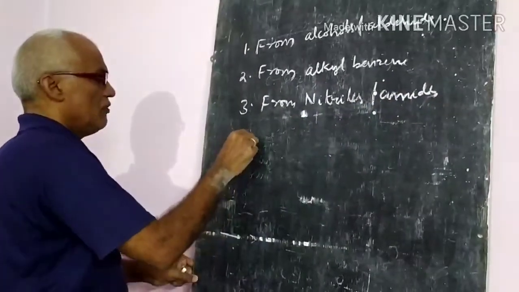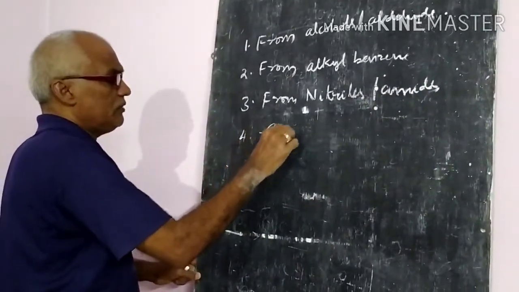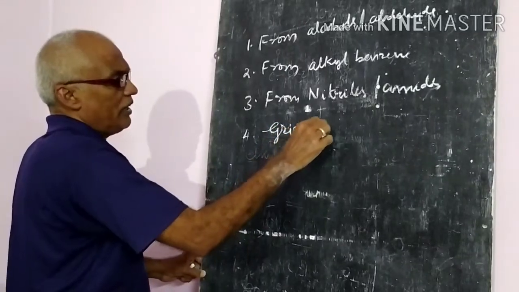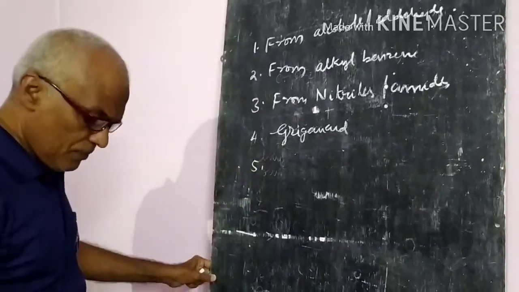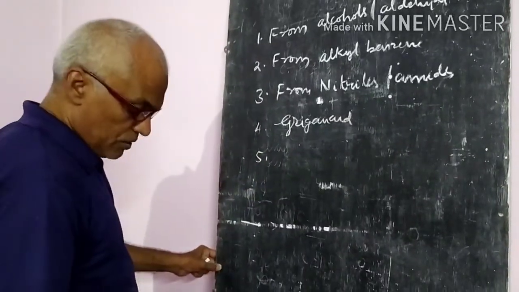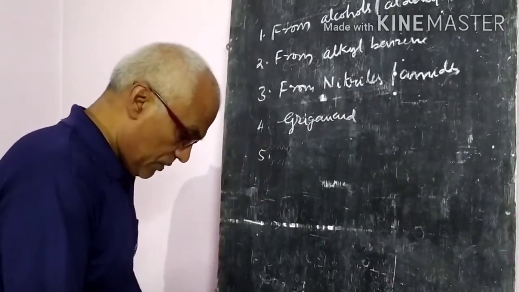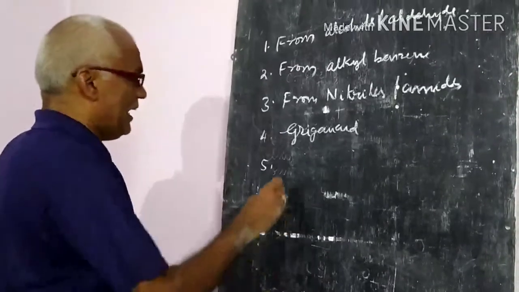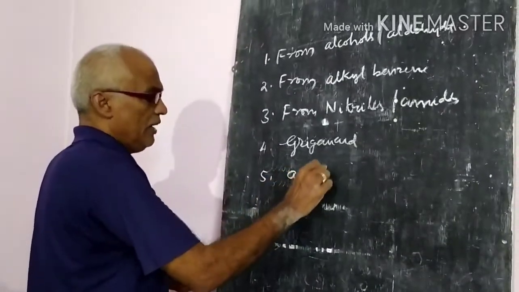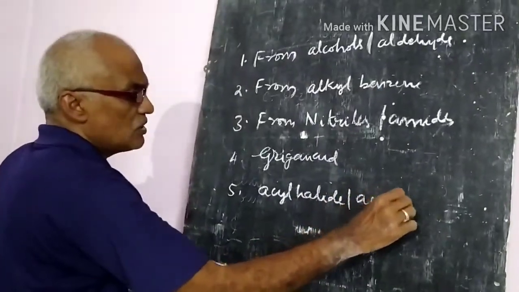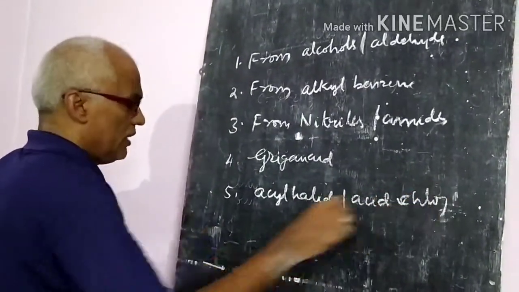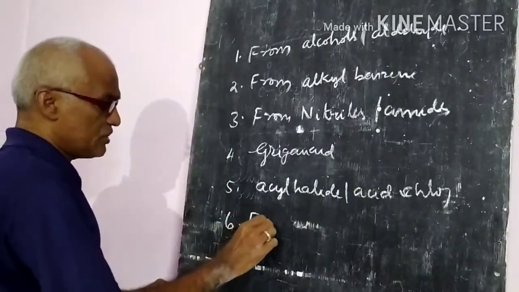And the fourth one, from Grignard reagent, where you have to do hydrolysis. Of course, one more method is also there, from acyl halides and acid chlorides. And the last one is from esters.